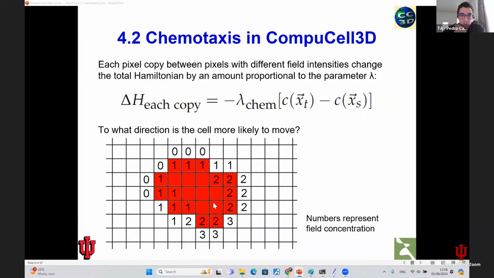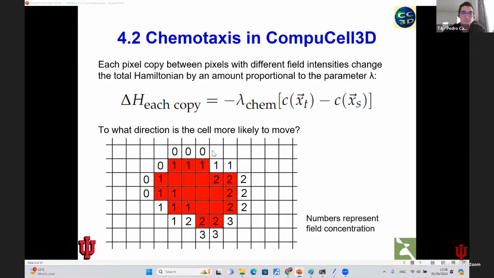They came out of my head. And here, the cell is looking at where the concentration is increasing. So for example, 2 to 3 is increasing, so this would be where a copy would happen, and 2 to 2, it would not happen, and 2 to 1, it would not happen, 1 to 0, it would not happen.